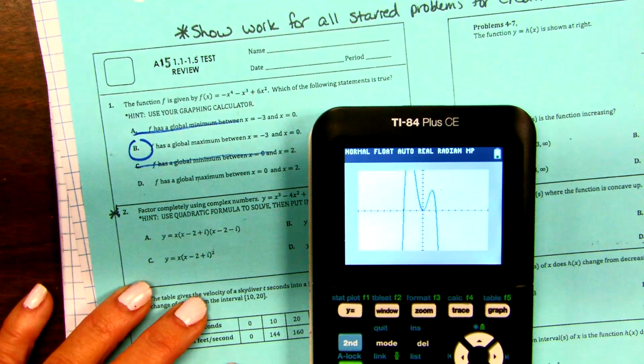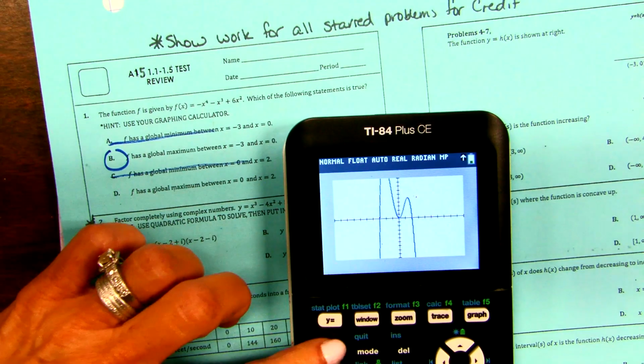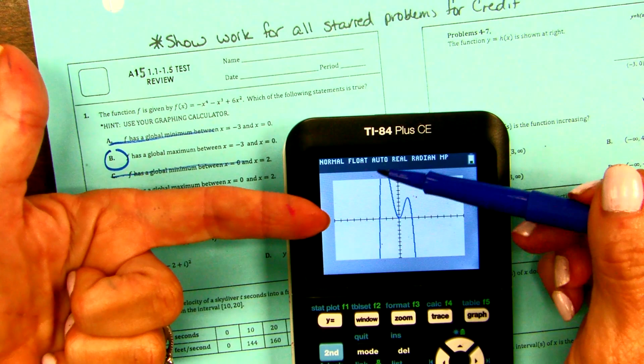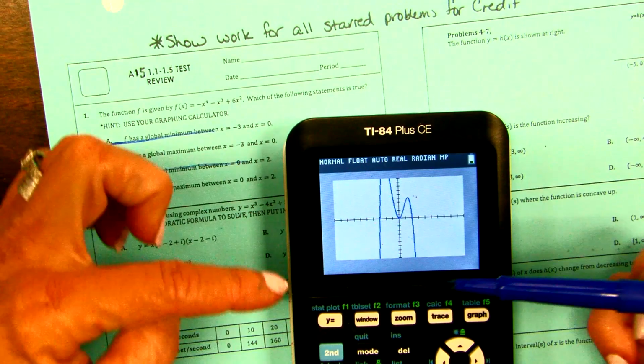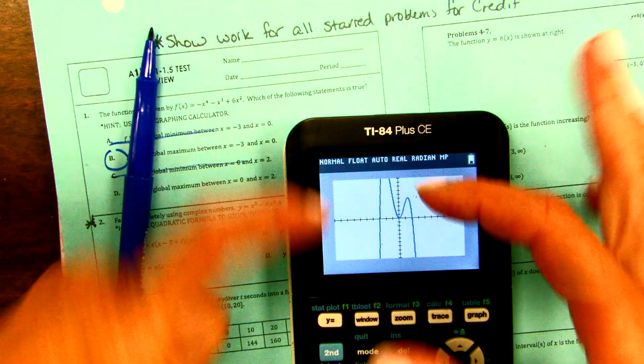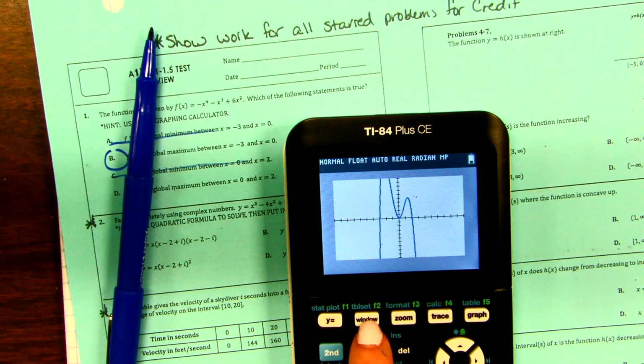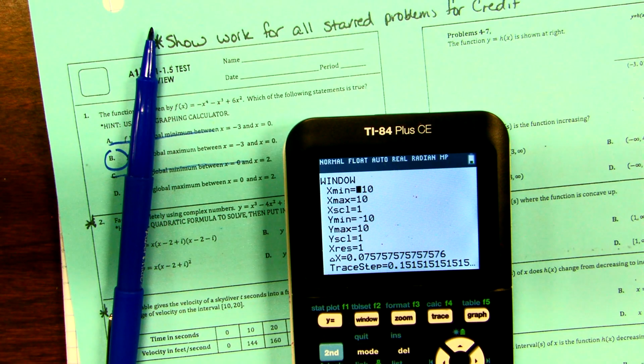But let's keep going. So one thing that we need to be able to do is see where that turning point is. This is called a window. If you want to change what you're seeing, you go to the window button, okay? Because as you know, the calculator just goes in every direction 10 units.